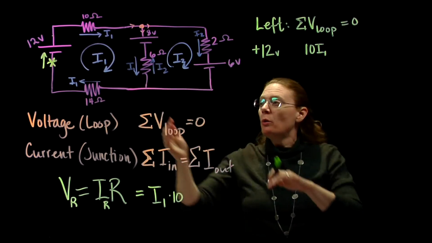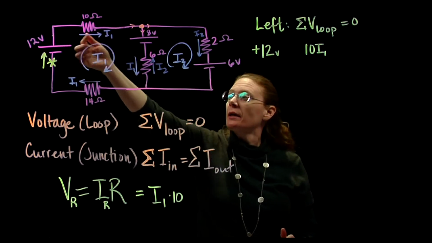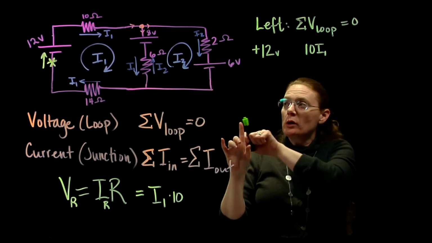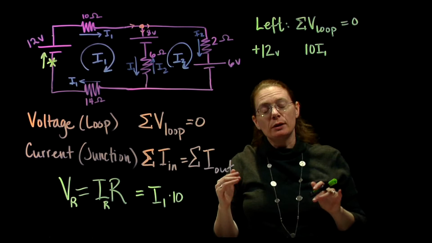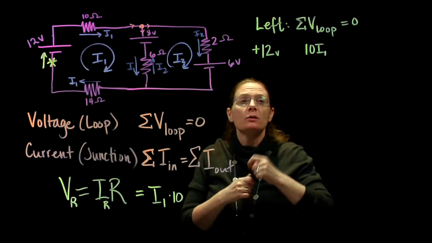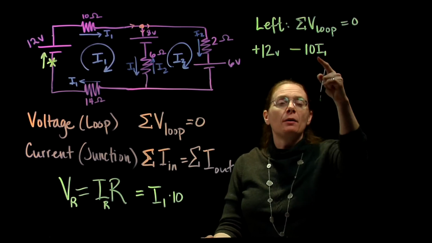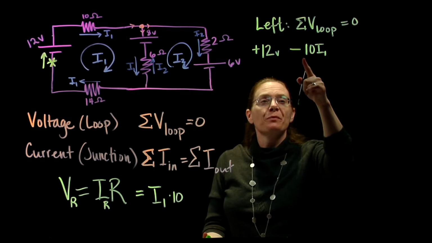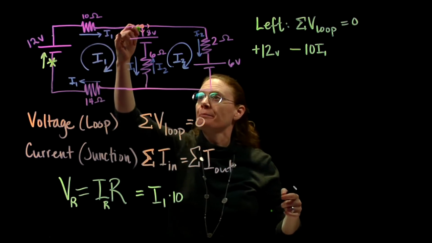So if you go in the direction of the current, if you're walking around the circuit in the same direction as the current, then as you go across a resistor, that voltage is going to go down. It's a voltage drop. So here, I'm going to say the voltage is dropping by an amount equal to I1 times 10 ohms. So that is the voltage drop across this resistor.